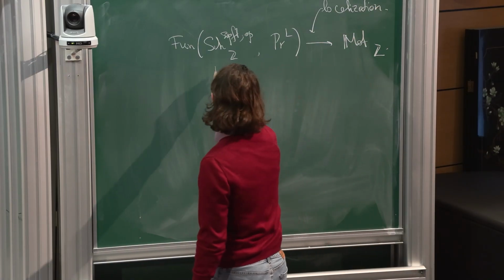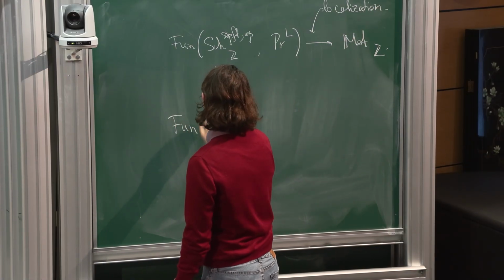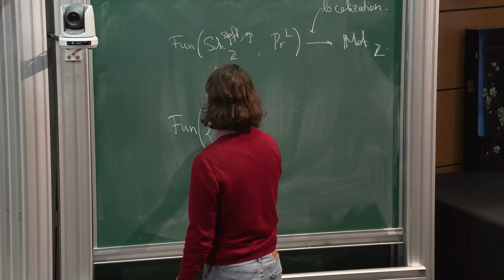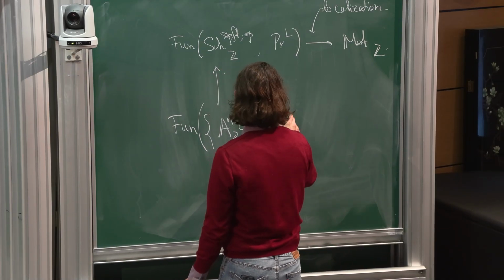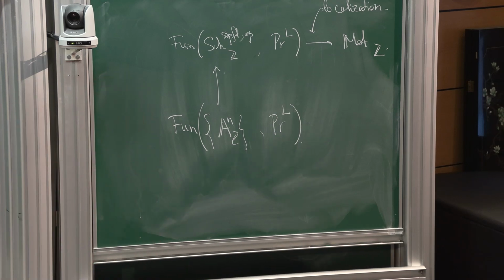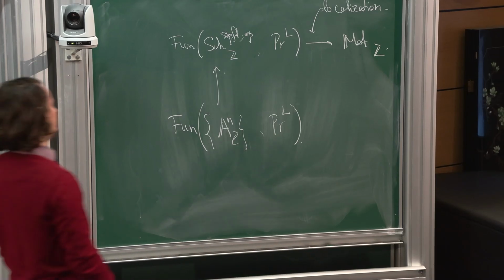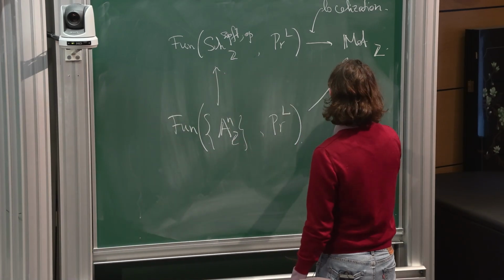But then we can do the smaller thing, where we just generate by all the A^N, by all the affine lines. These already generate, and if you're careful enough, you can show that you can trace all the conditions you need just in conditions out of there. So this is also a localization.